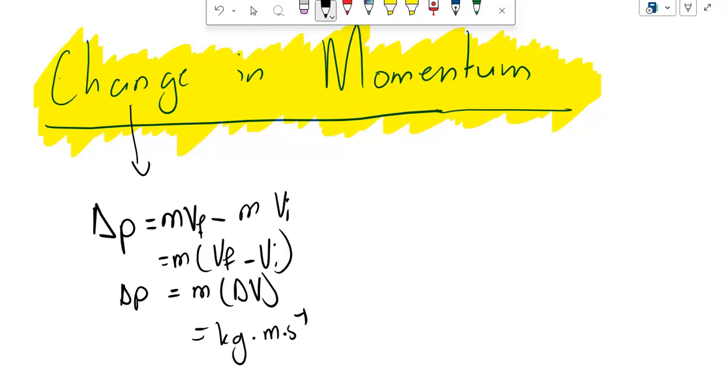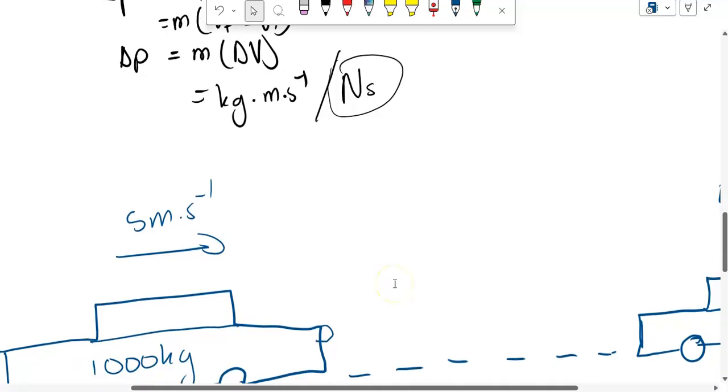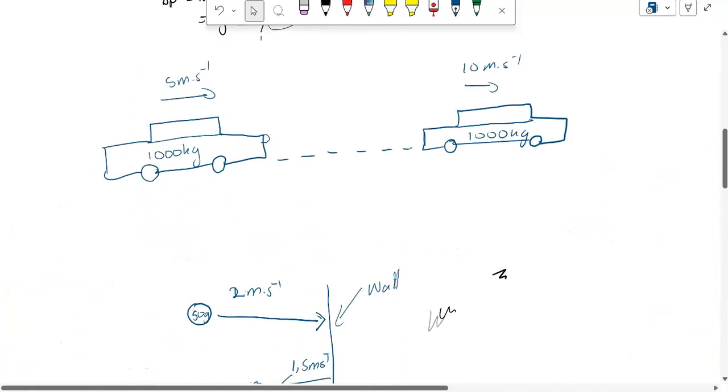Now, there is also another set of units, which is newton seconds, but we'll talk about this one in the next video possibly. Now, let us dive into a question such that we understand this particular concept.